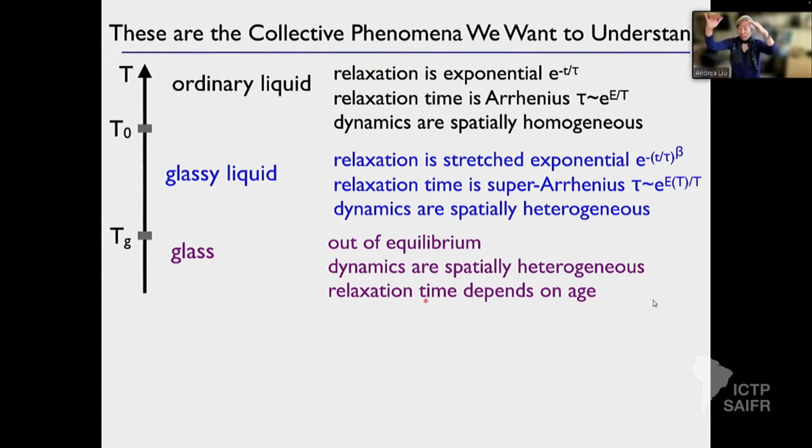You do a quench from above some temperature down to below the glass transition, so you know when you fell out of equilibrium, and you look at the time since then. That's the age. What you see is the relaxation time gets longer and longer as the system ages. The energy barriers get higher and higher as the system ages at a fixed temperature. That's in the glass.